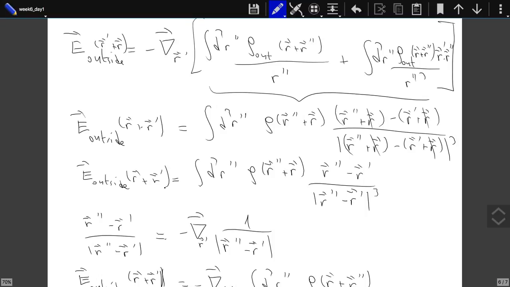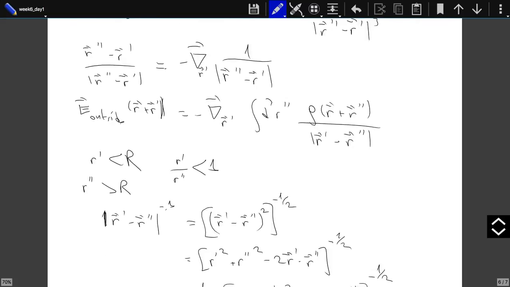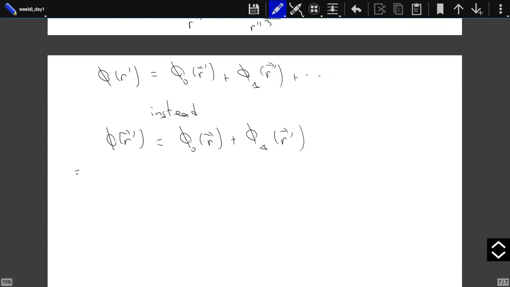Whatever our charge density is, this electric field outside is correct. So let's just assume a point charge. Let's check. Rho of R is equal to Dirac delta of R minus, let's say, R0.